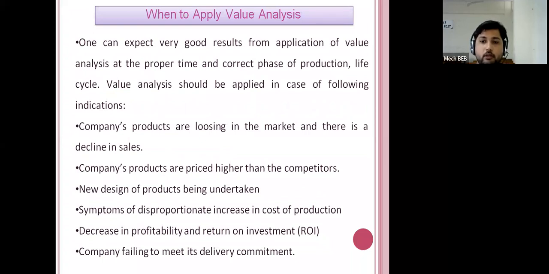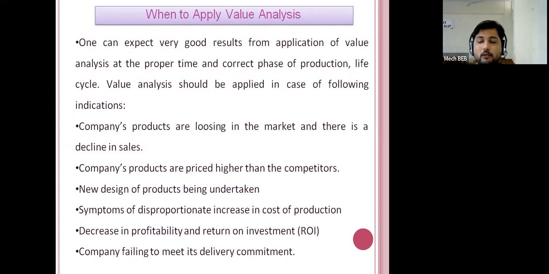Okay, so there will not be a sufficient timeline to apply value engineering. Now we have discussed that value engineering concepts are applied on products which are in the design phase, and the value analysis technique is applied to products which are already in the production stage and are being produced on a continuous basis.